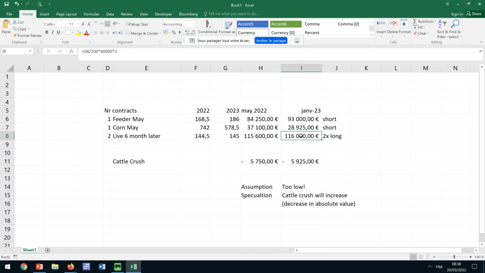If indeed the farmers react as we think they should, because the profit is not high enough here, then maybe in October or November this year the prices will have adjusted. And when the prices have adjusted, then we just offset our contracts and we lock in our profit. That's the idea. So that's the cattle crush, and it does exist.